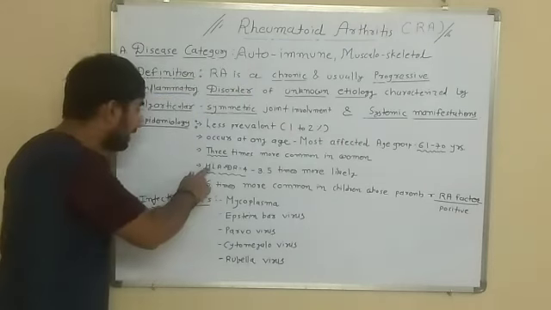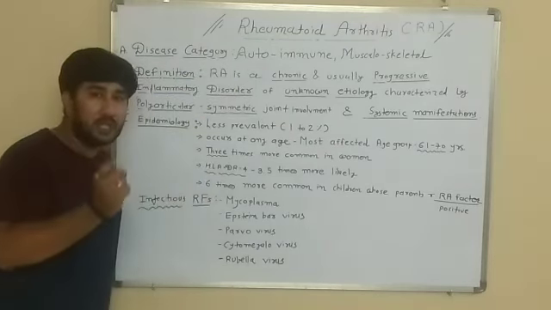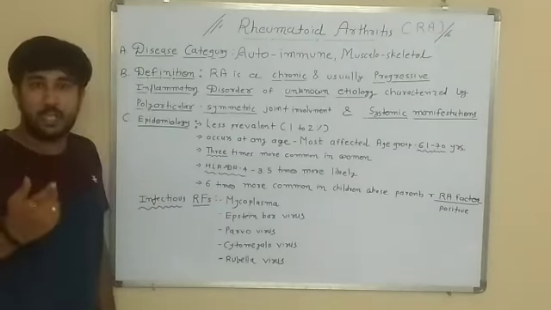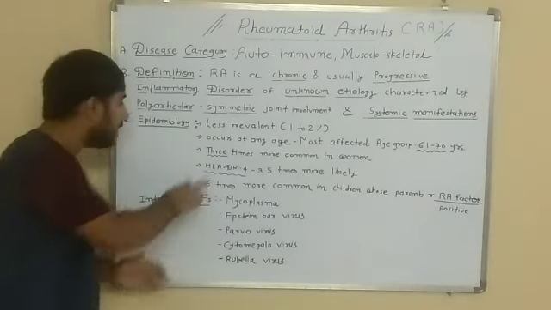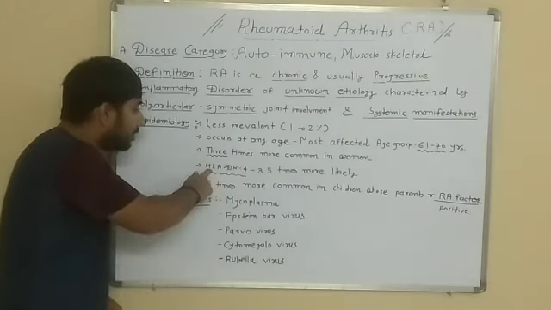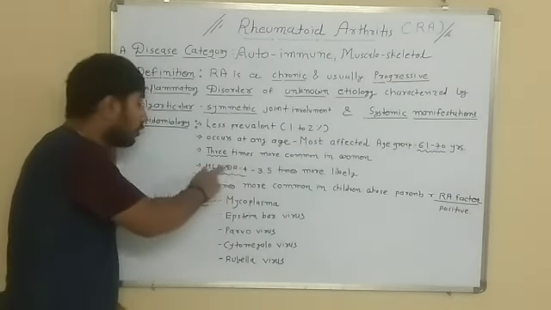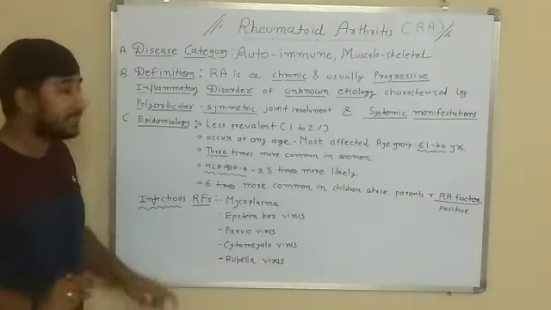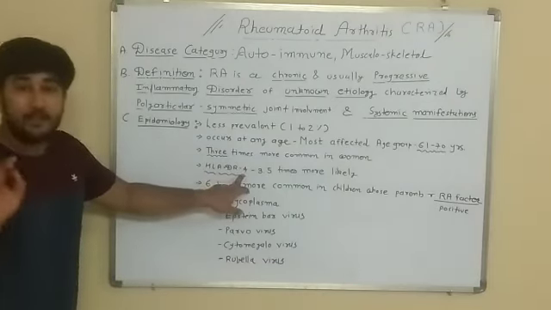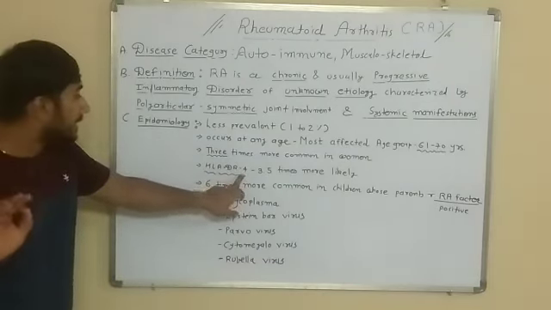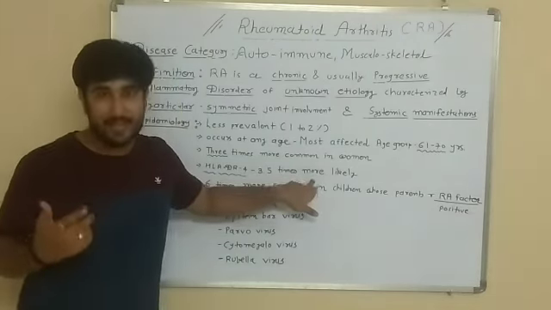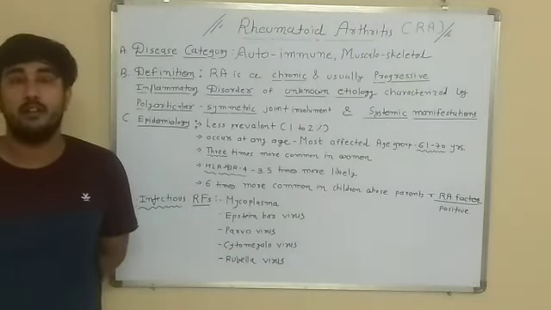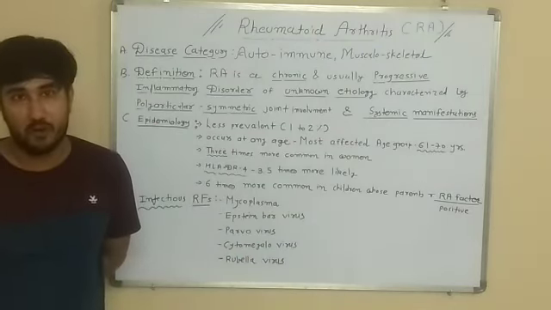In this case, the particular type of HLA, the mutated HLA or a different HLA allele, is HLA-DR4. Whenever a person has HLA-DR4, that individual is 3.5 times more prone to the development of rheumatoid arthritis.